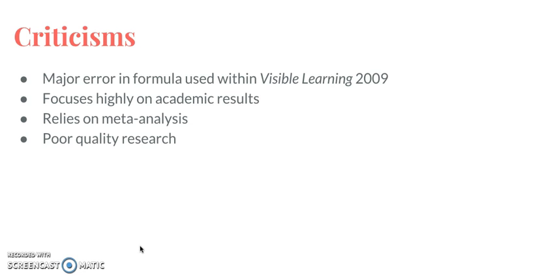However, many other researchers believed it was kind of skewed, a little bit less accurate than what he was leading us to believe. He does focus very highly on academic results, and many would argue that school is not just about the result of our test scores, that we should be trying to make stand-up human beings, etc., things like that.